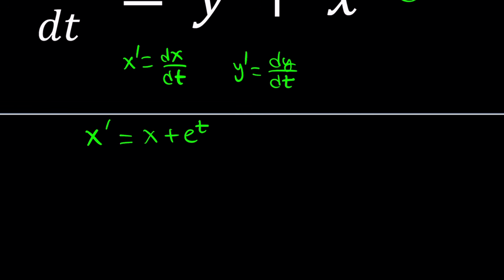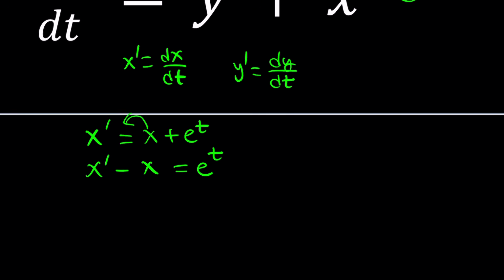Okay, so from the first equation, which is this one, we can go ahead and subtract x first so that we can bring these two on the same side. And notice that if we had a 0 instead of e to the power t, then this would be a homogeneous equation, right? But this is non-homogeneous. But guess what?